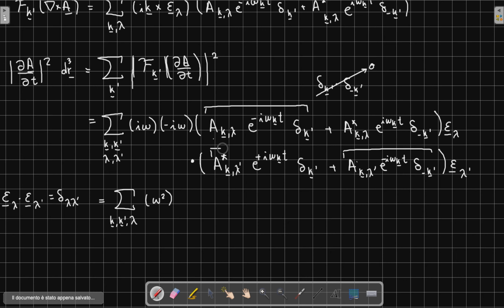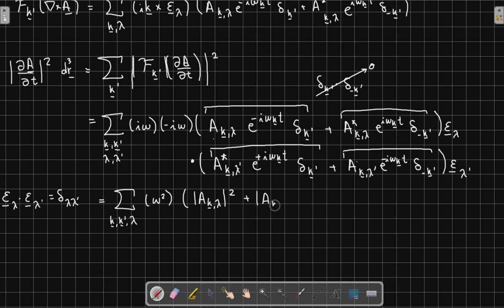However, the terms such as this times this or this times this will not cancel out because the delta functions contain the same variables. In other words, I will get a_kλ squared plus a_kλ squared.